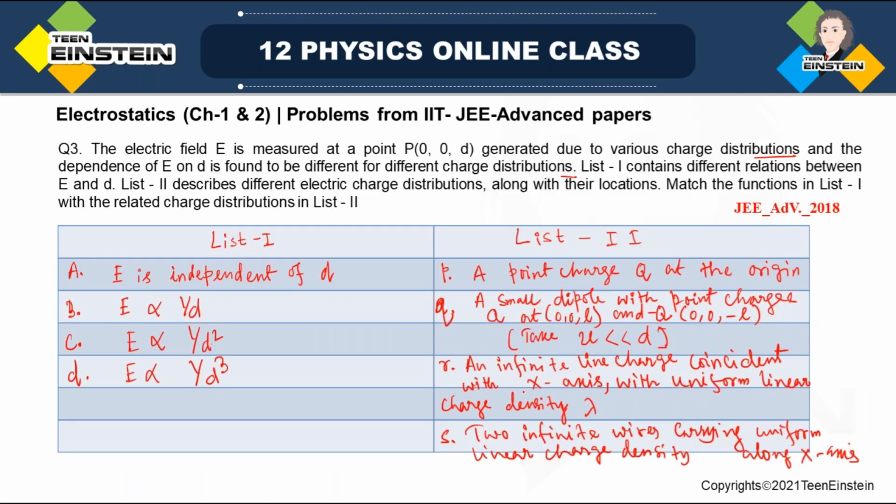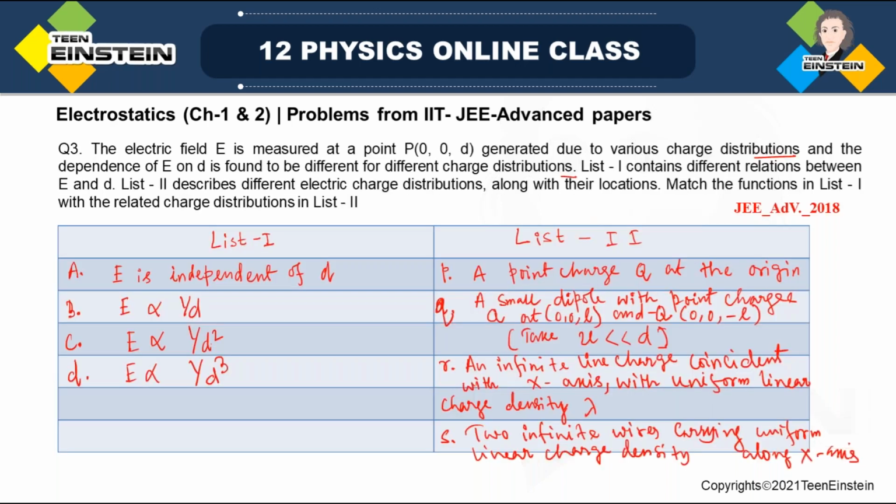Let us read the option Q first. So here dq 1 over dq. So this is for dipole. We know, every one of us may know, this is for dipole. As you know, it is for dipole.